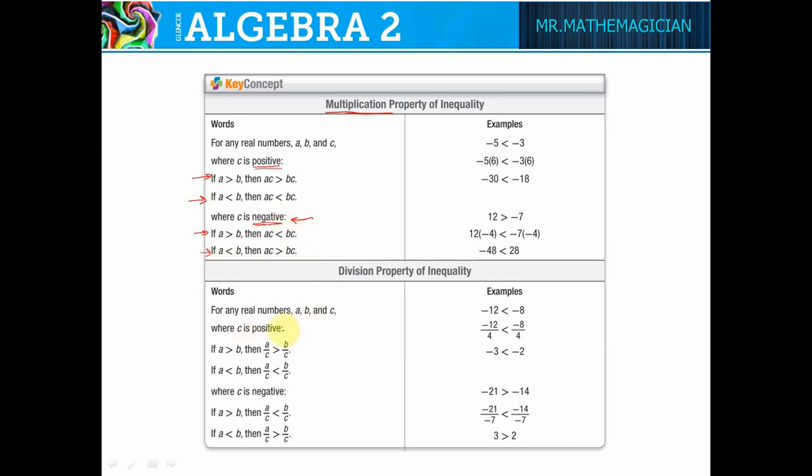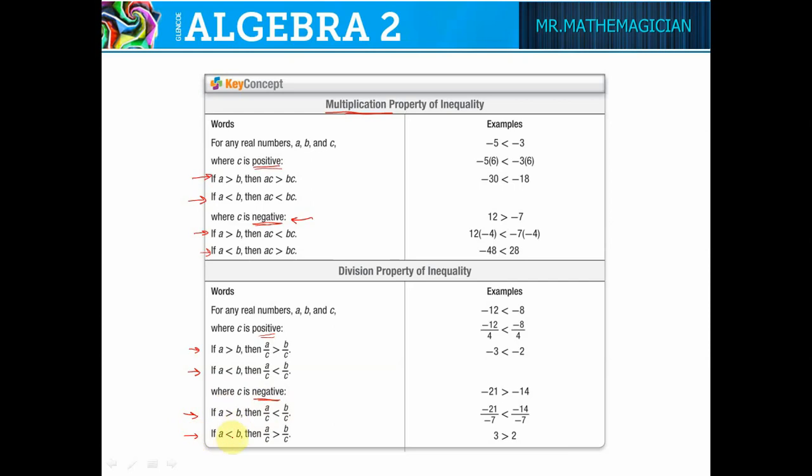The same will happen in division. If we divide by a positive number, the direction of the inequality stays the same: bigger than stays bigger than, smaller than stays smaller than. But when we divide by a negative number, the direction of the inequality also changes. If it's bigger than, it will be smaller than.